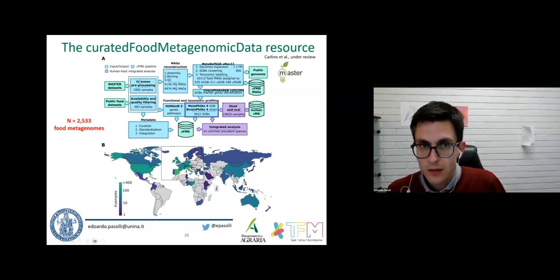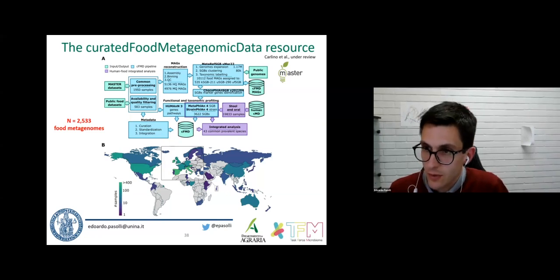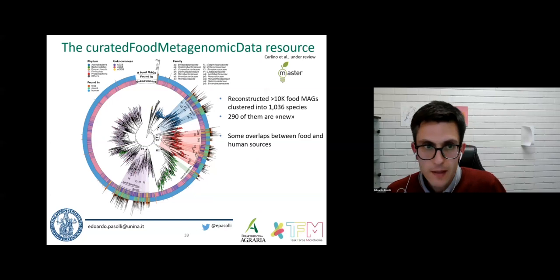And we created a curated food metagenomic data resource, in which currently we have more than 2,000 food metagenomes with standardized metadata and processed data in terms of taxonomic profiles and also MAGs.